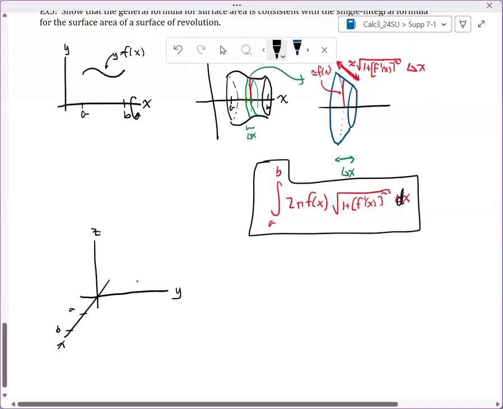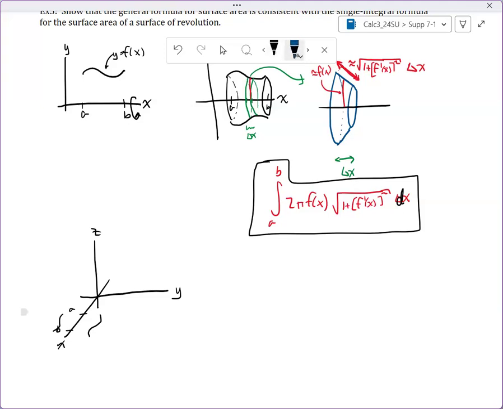I have my function y equals f of x. So in the xy plane, that function looks something like this. It comes over to the other side in the xy plane and looks something like this. And then as I rotate it around, it looks something like that.